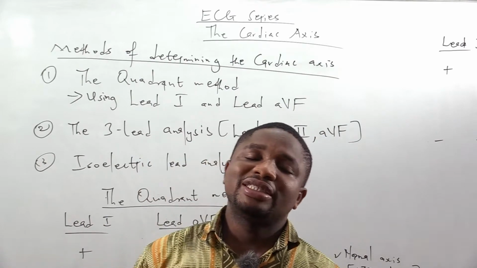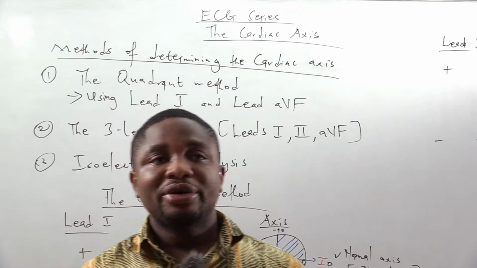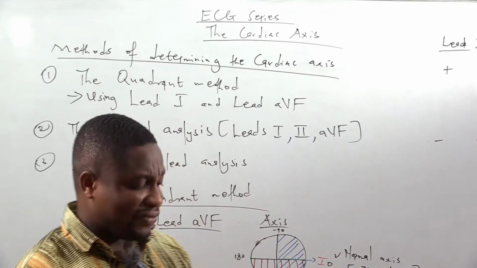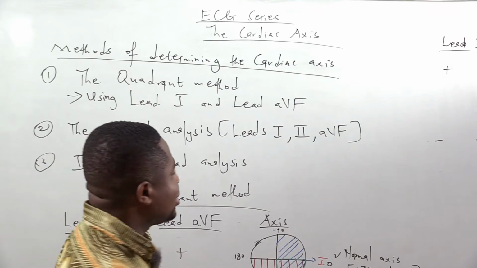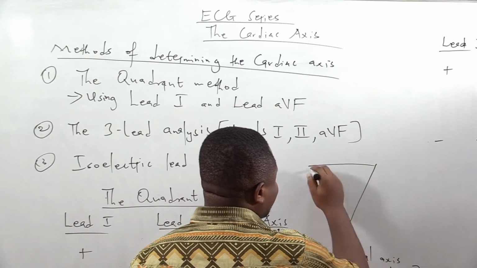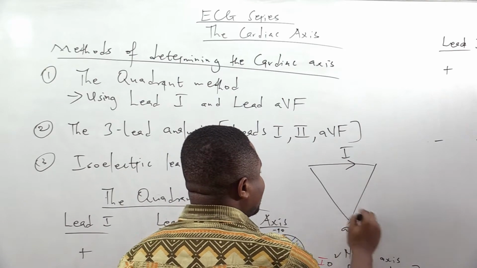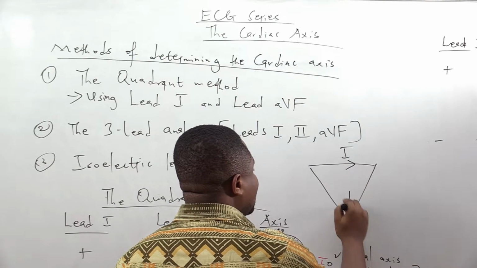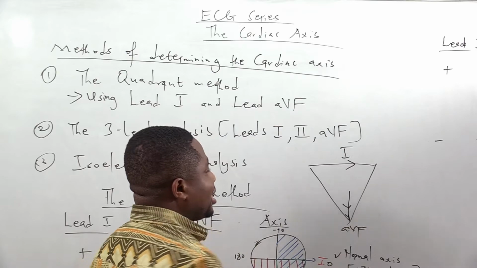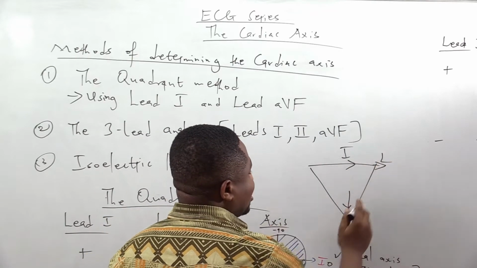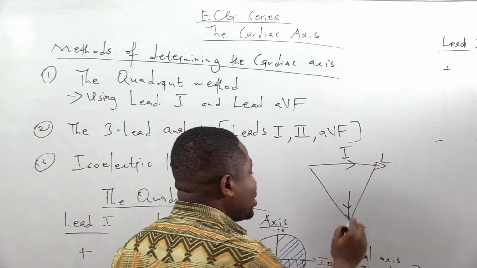For the quadrant method, we said that we are going to be looking at lead 1 and aVF. And if you remember very well, on the Einthoven triangle, this is lead 1. This is aVF. aVF is coming this way. So it tells you that lead 1 is looking towards where? The left. Lead aVF is looking towards where?